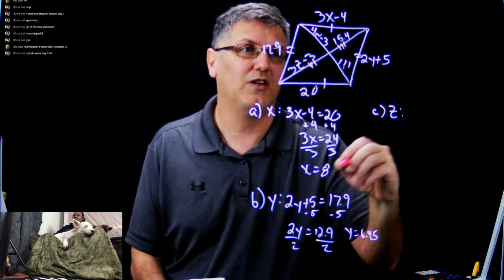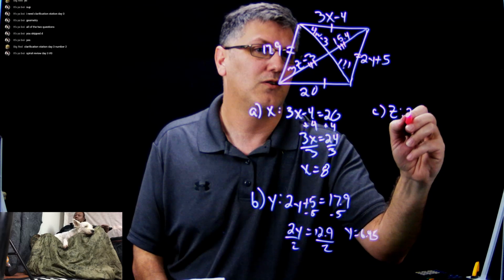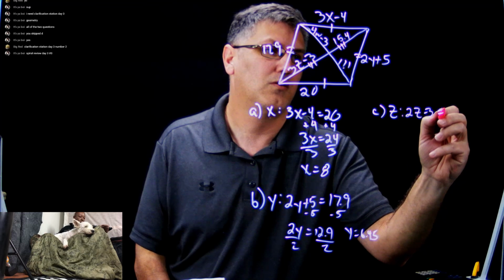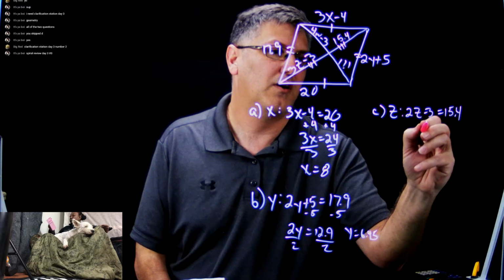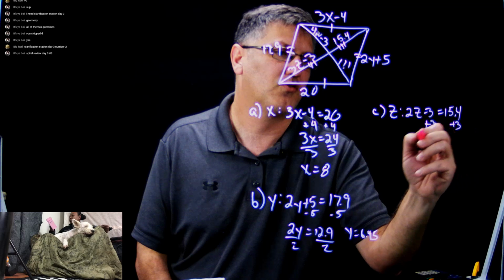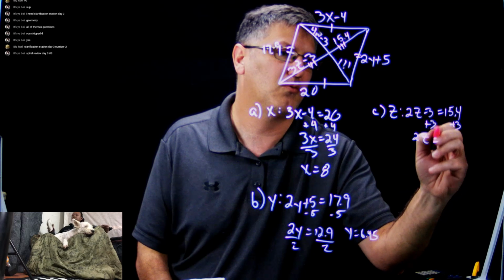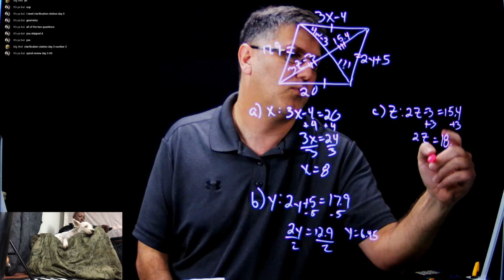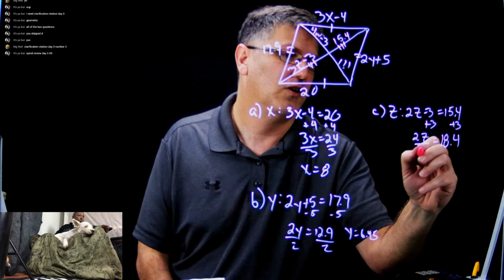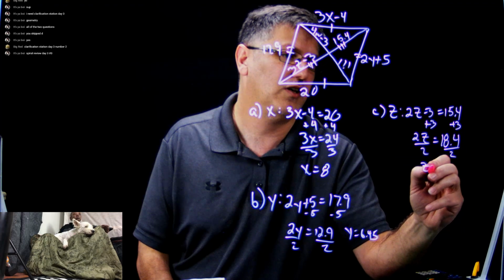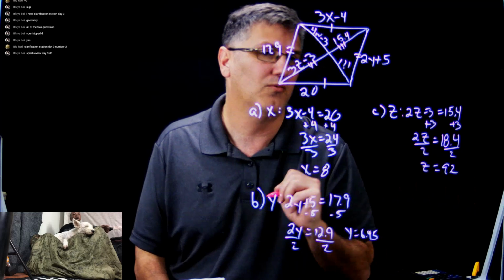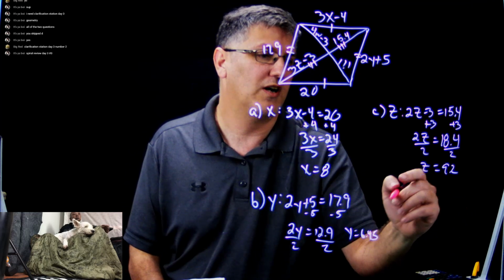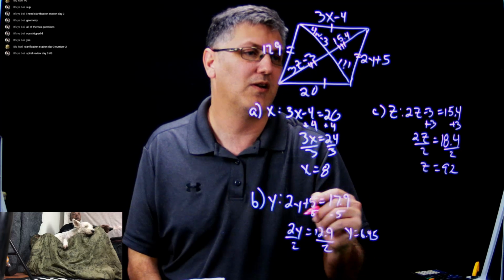Congruent leads to the equal sign. Add my 3 to both sides. I got 2z equals 18.4. Divide by 2, z equals 9.2. This is a z, not a 2. If you notice my z's, I'll put lines in the middle of them.